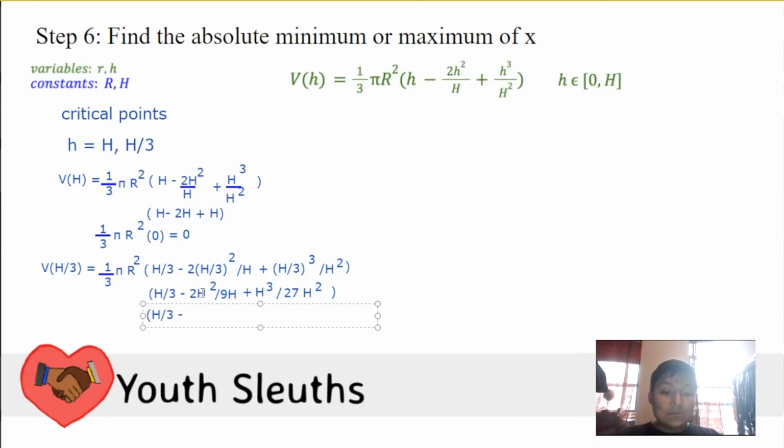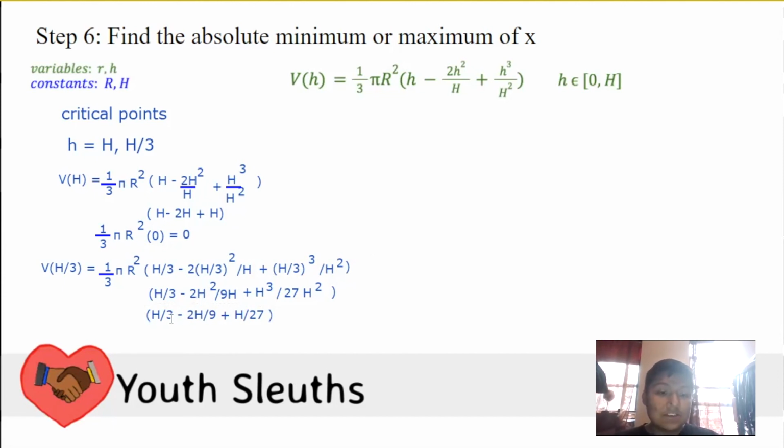And then for the next one, we cancel out one h because there's one in the denominator and 2 in the numerator. So we end up 2 big H divided by 9. And then for the last one, it's big H cubed in the numerator and big H squared in the denominator. So we end up just having big H over 27.